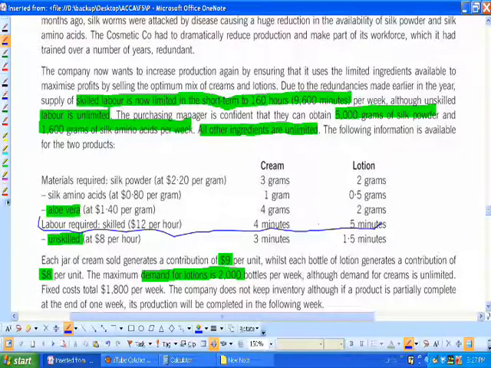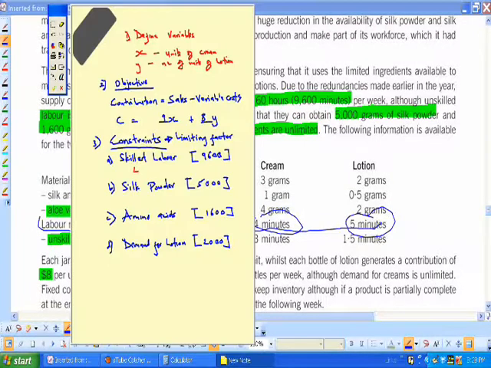You can see that each unit of cream takes 4 minutes, and each unit of lotion takes 5 minutes. That means the total time in a period will be 4x plus 5y, and this should not exceed 9600.